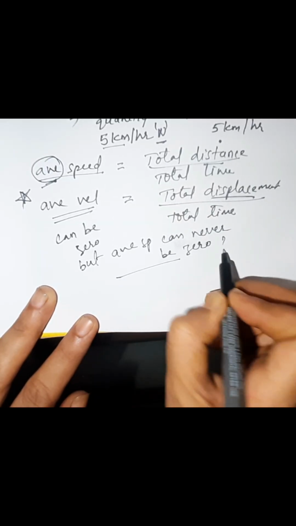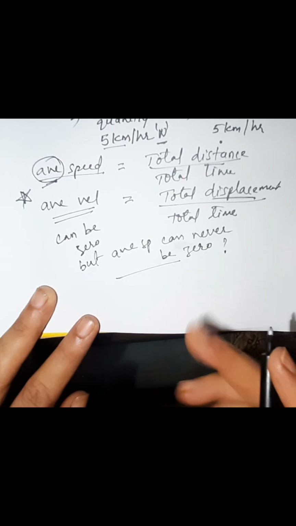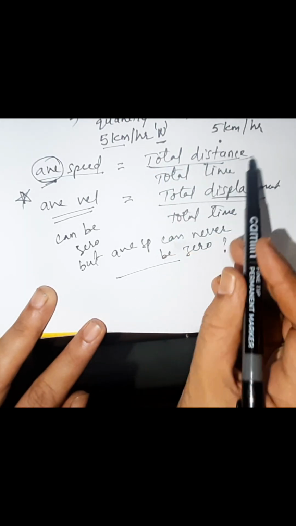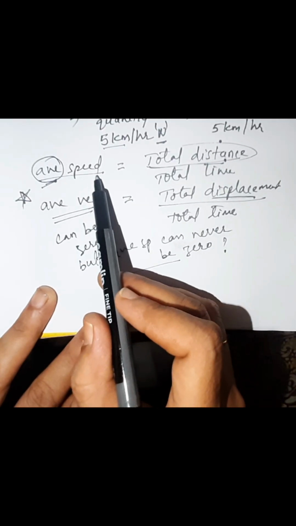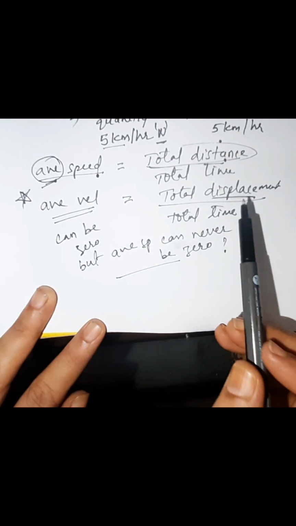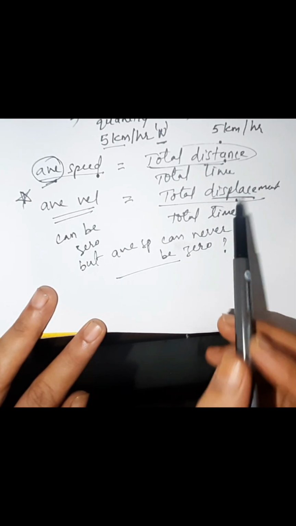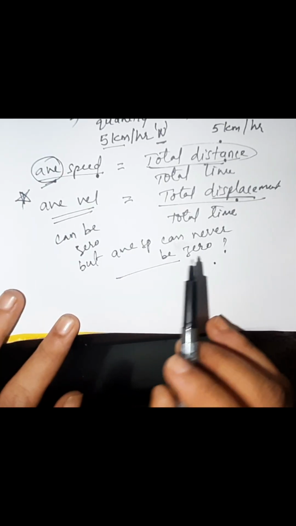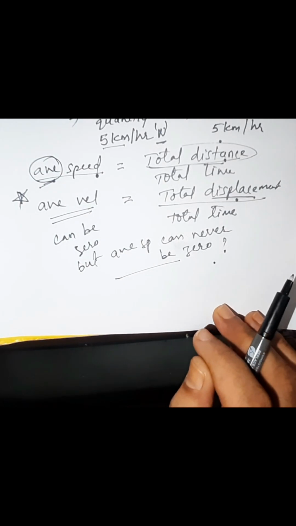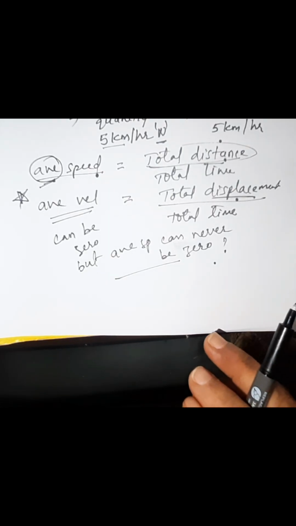Give reason. This is one of the important questions. The reason will be, as the object will have a certain distance, distance cannot be 0. So average speed can never be 0. Displacement can be 0, so average velocity can be 0. These are the few theory-based questions we are going to get in this chapter.